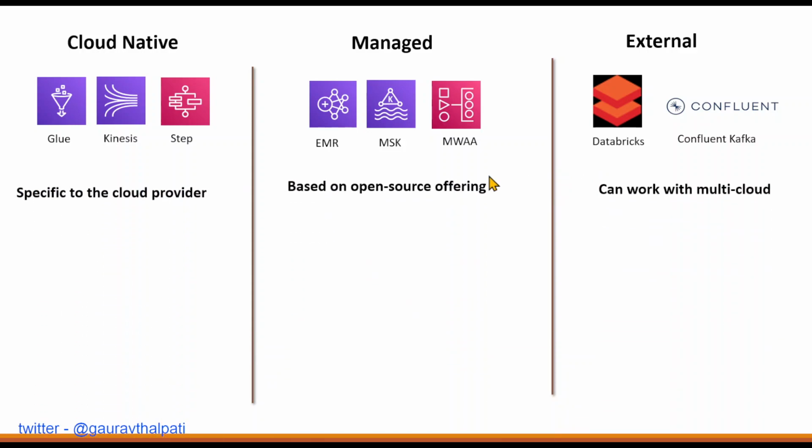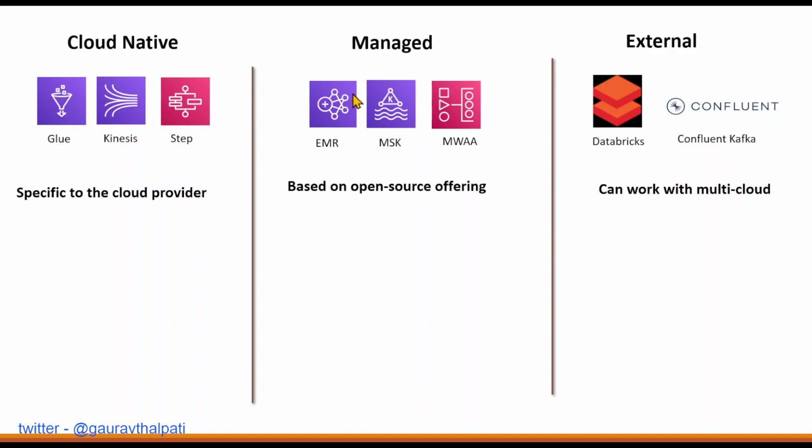So the very first one I would say is, as we spoke earlier, any cloud native service is specific to that cloud provider. So the limitation is you cannot execute anything within this in any other cloud. But if you have used a managed offering which is based on open source, then you can have that similar code run somewhere else.